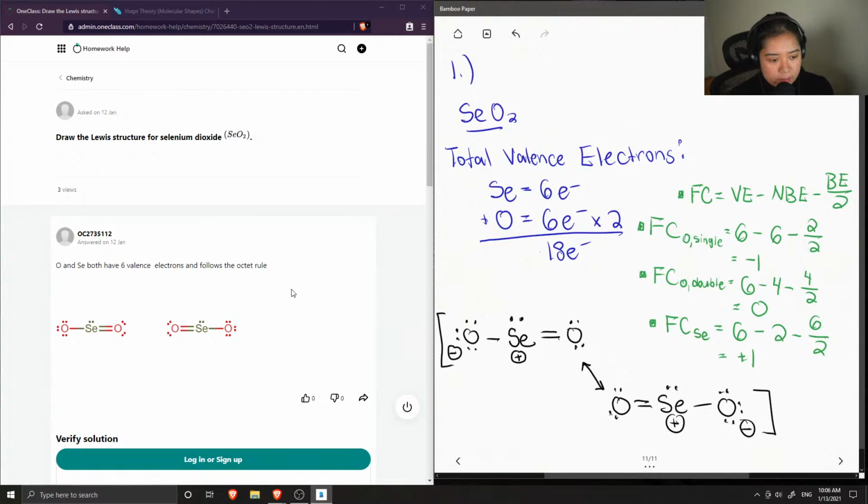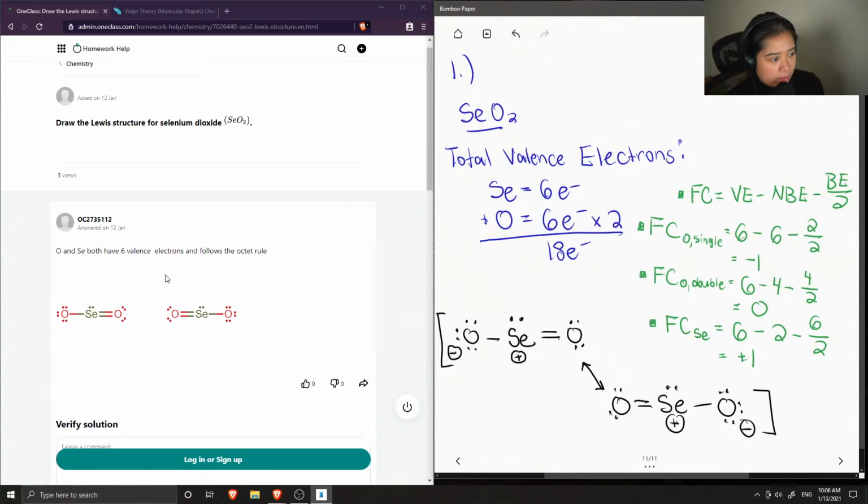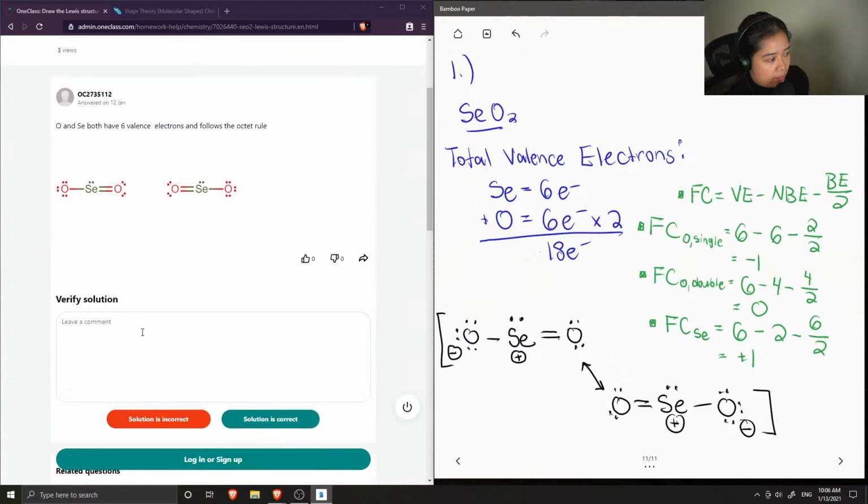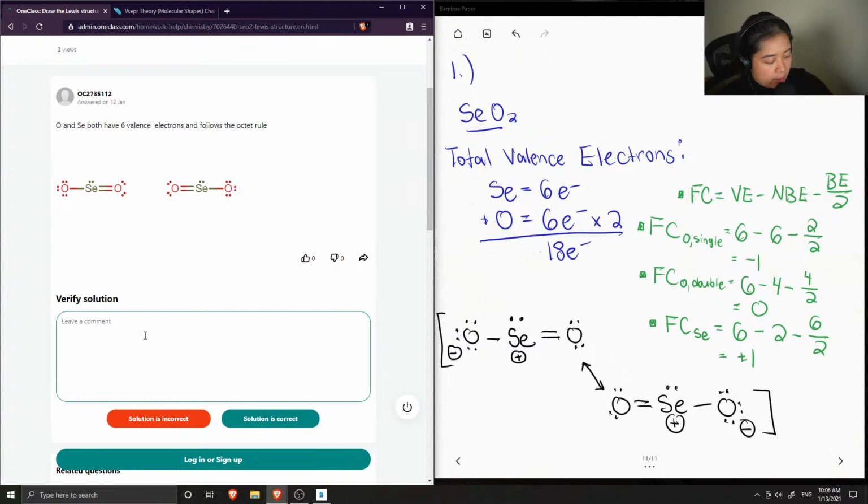Okay, so these are 2 Lewis structures for selenium dioxide. You can see the junior tutor said the same thing, but I'm just going to say that the single bonded oxygen should have a negative charge, and selenium will have a positive charge.